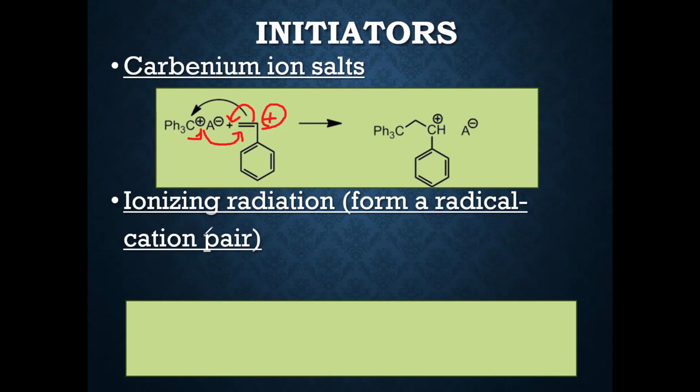Another way to initiate the cationic polymerization is by ionization radiation. In that case, it forms a radical cation pair.